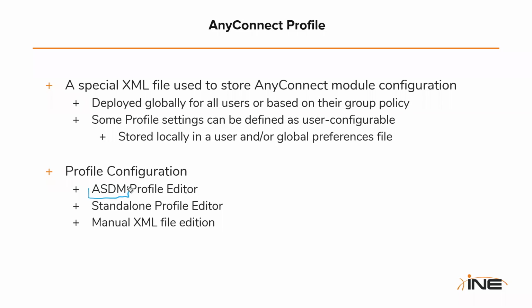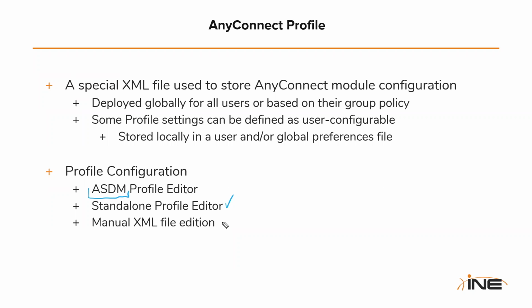But as an alternative, for people who don't really want to use ASDM, maybe they don't even have an ASA, but still want to build a profile, you may want to run AnyConnect with iOS, maybe some other device. It is also possible to use the standalone editor, which is something you can install on your PC. You can build a profile and then upload the profile to the head end.